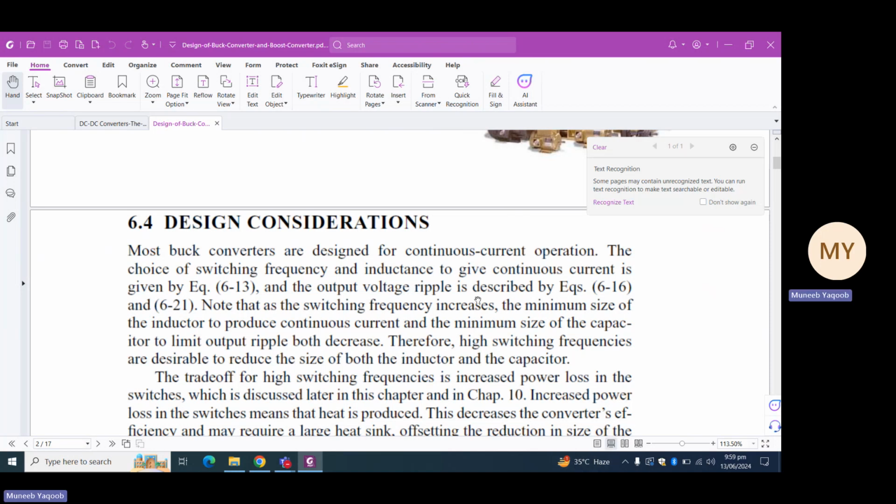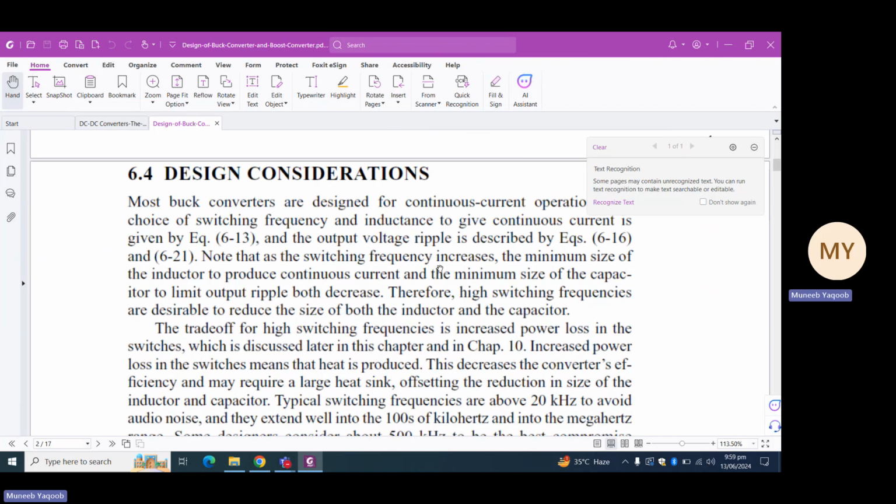Due to these assumptions, we concluded the expression for the minimum inductance that can be used for the buck converter if it will be operating in the continuous conduction mode. Similarly, what capacitance value can provide a percentage ripple voltage that may be ignored, or that is sufficient for our application.